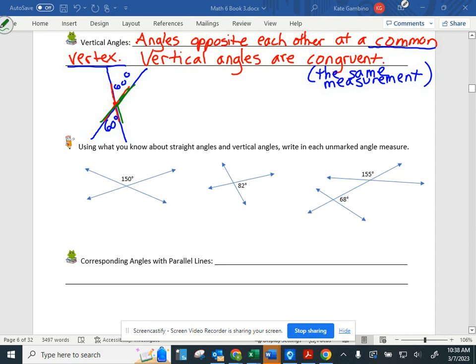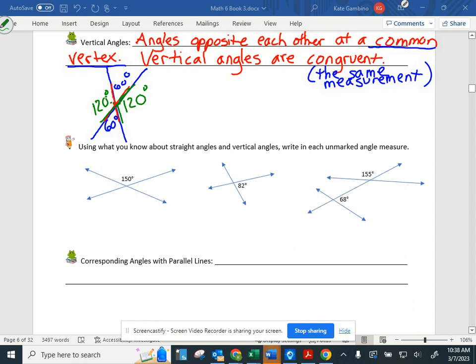So if we know that one angle is 60 degrees, and we know it's a straight angle, that's 180 degrees, what's our missing measurement? 120. 120. Because 120 plus 60 equals that 180 degrees. They are supplementary. So what's this angle on this side? Why, Bennett? Because it is congruent with the angle that is opposite of it.